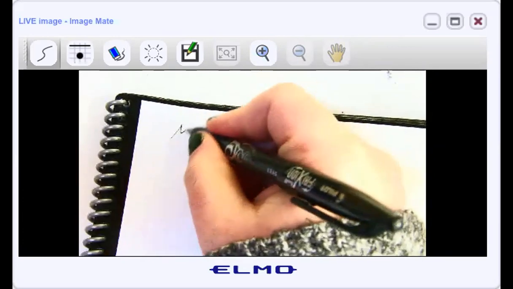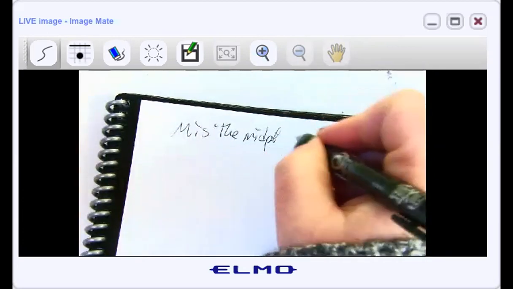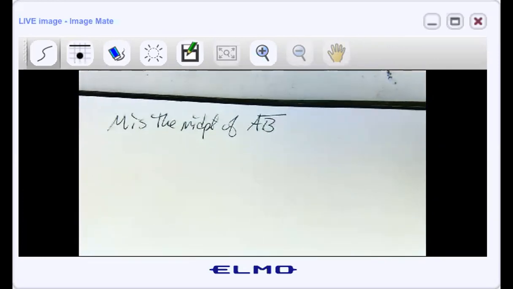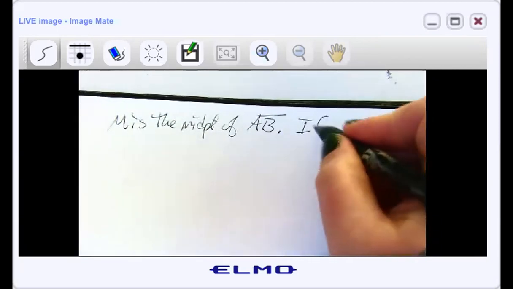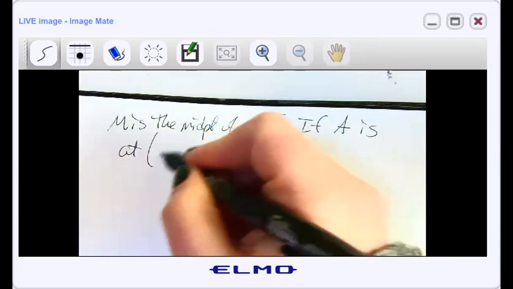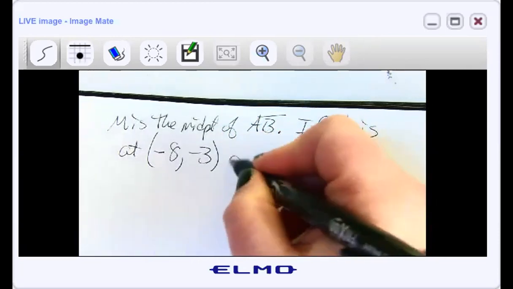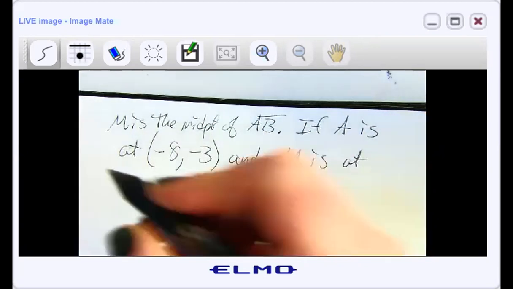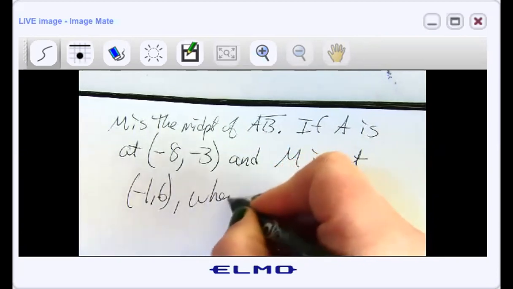Okay, again, M is the midpoint of AB. All right, so let's try this. If A is at, where's A this time? (-8, -3), and M is at (-1, 6), where is B?